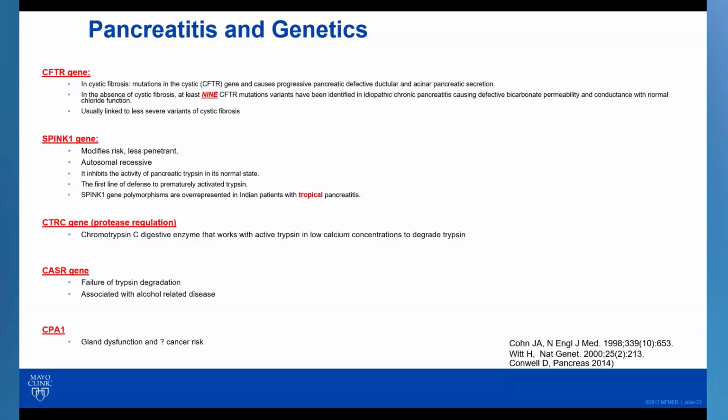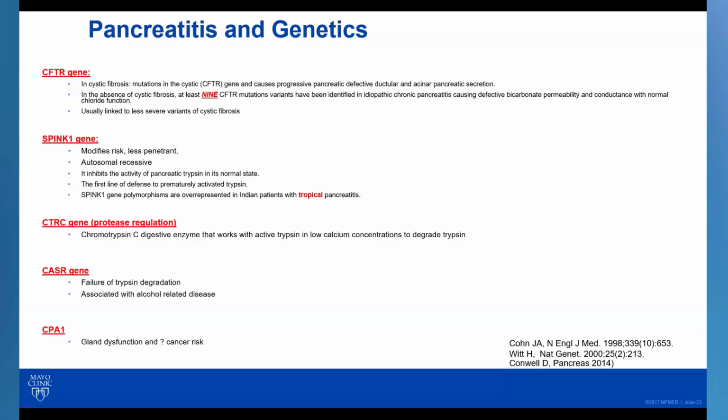Both CTRC and CASR, if mutated, would result in failure to degrade trypsin, and that eventually would result in autodigestion of the gland. Interestingly enough, CASR tends to be more common in alcohol-related disease. So again, a disease modifier.